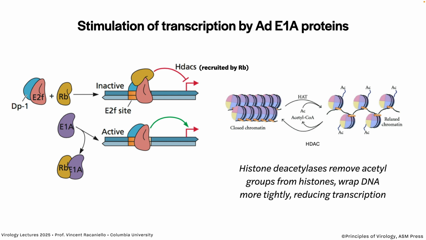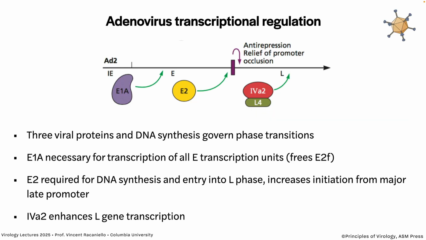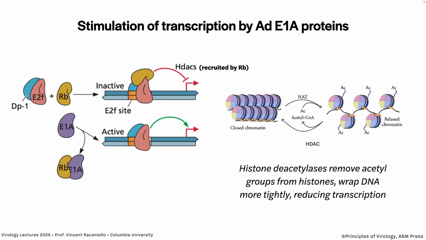So here's our viral DNA coming in. The transcription of the early genes, not the immediate early, but the early genes, requires E1A. And that's because E1A frees up a set of transcription proteins called E2F. Now, normally, in the uninfected cell, E2F is bound by a protein called retinoblastoma protein.